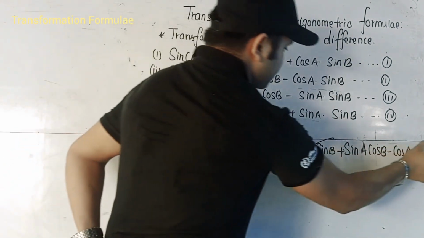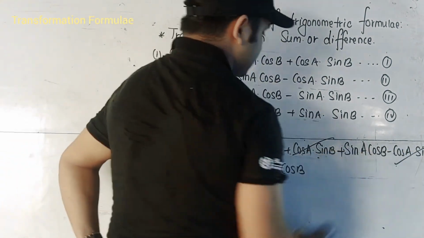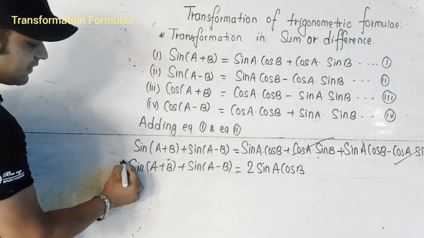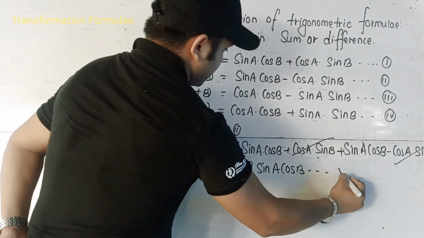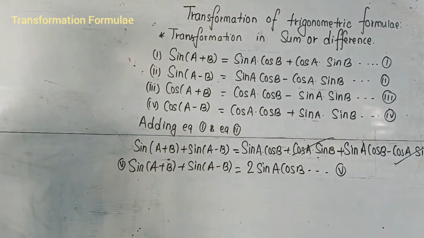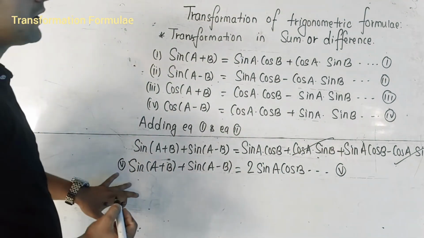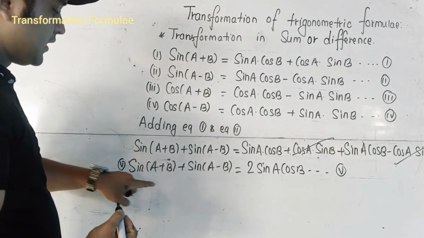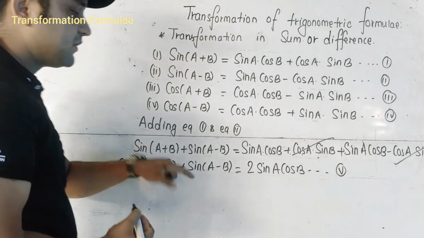When you cancel this plus cos a into sine b and minus cos a into sine b, nothing is left here. So this is equation 5. How did we get equation 5? This is one of the formula of transformation in sum. This is equation 5, where we have got what sine a plus b plus sine a minus b is.